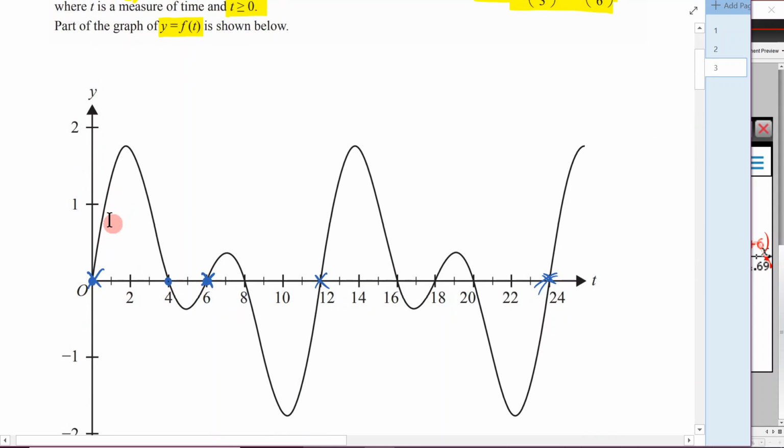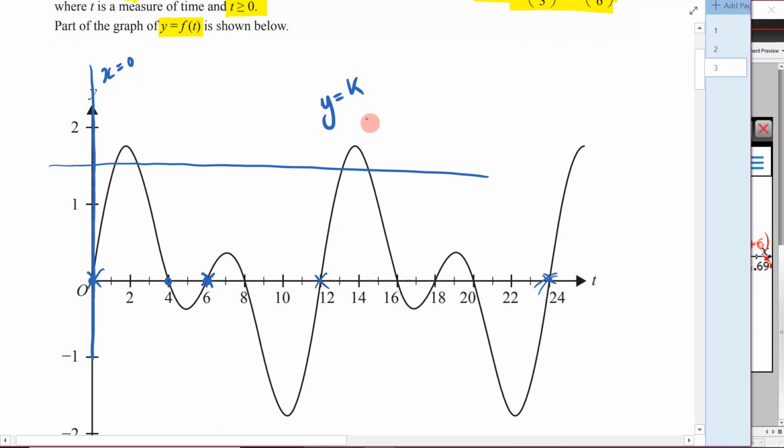So what they're saying is that I have y equals k, so let me just draw that in. I have y equals k, and that is bounded by x equals 0 and x equals 12.